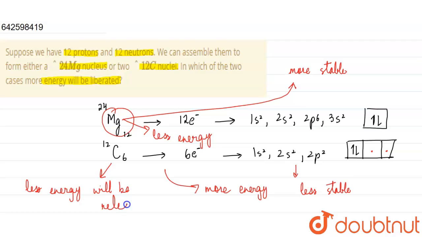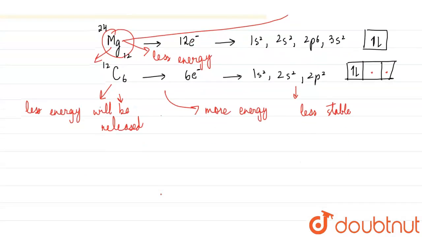In the other case it will have less energy but more energy will be released. So that means this is more stable and this is less stable. That's the thing we can use to answer this question, in which of the two cases more energy will be liberated. In this case more energy will be liberated, in this case less energy will be liberated. That's one explanation to this question.